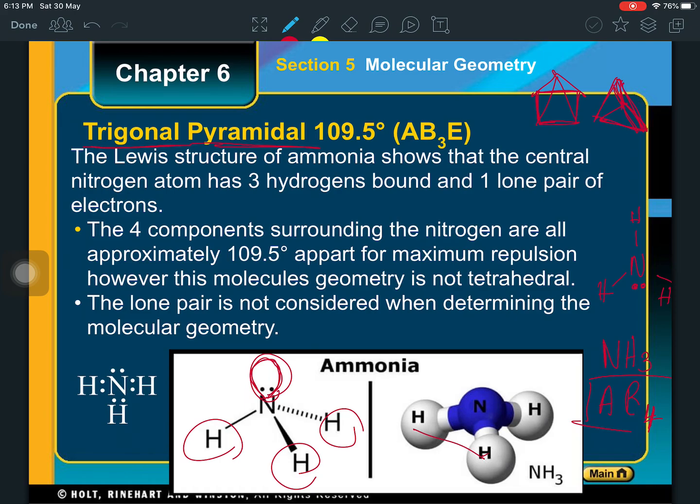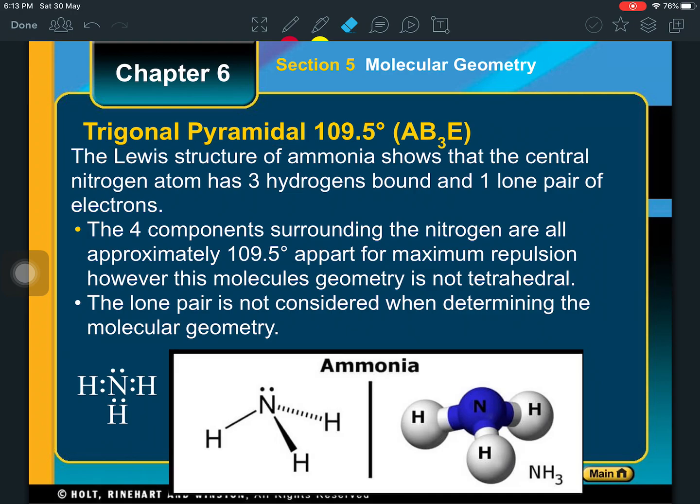This is why it's called trigonal pyramidal, because its base is a triangle, but it has a 3D structure, which makes it look more like a pyramid than a planar triangle, right? And all of this is caused because there's a lone pair up here, which is repelling each one of these away from it. All right, so now that's trigonal pyramidal.